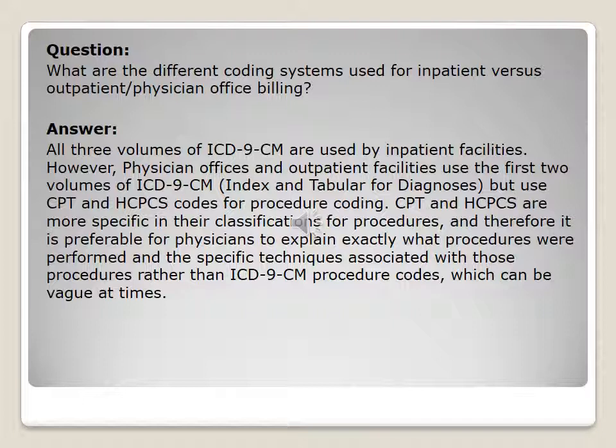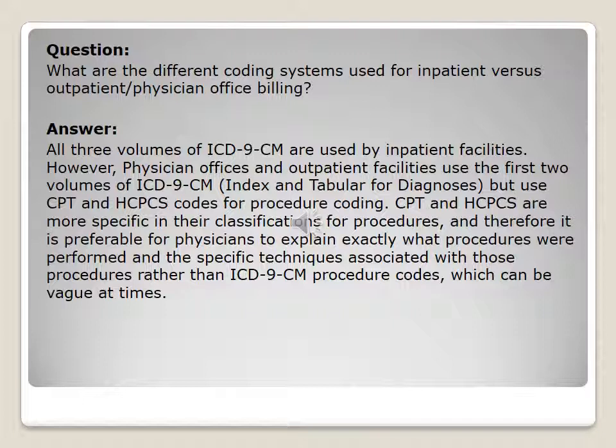Our answer to this is all 3 volumes of ICD-9-CM are used by inpatient facilities. However, physician offices and outpatient facilities use the first 2 volumes of ICD-9-CM, which is the Index and Tabular for diagnoses, but use CPT and HCPCS codes for procedure coding.